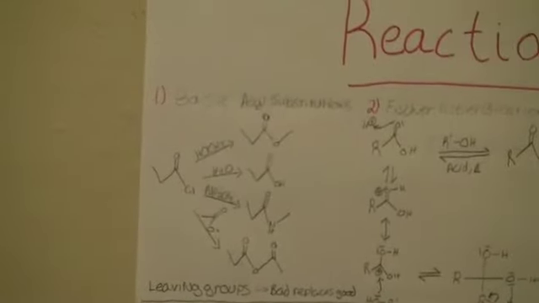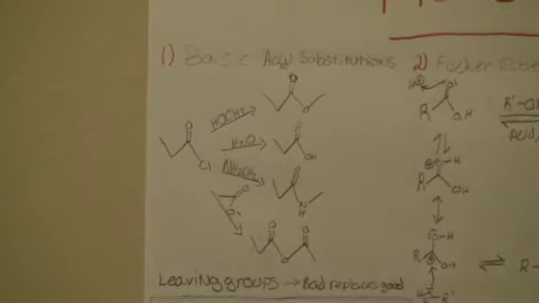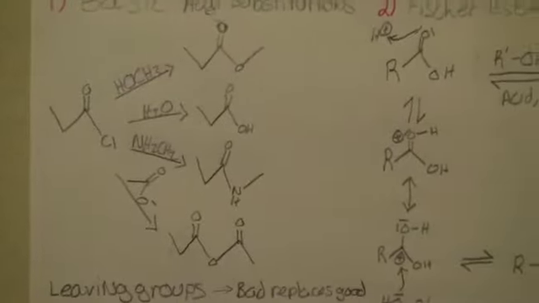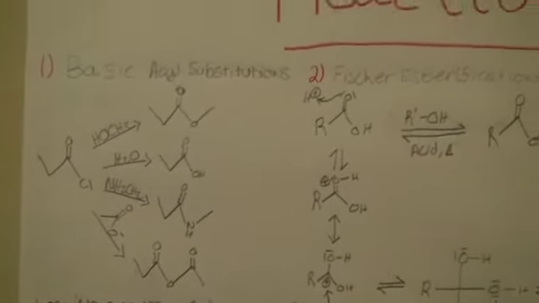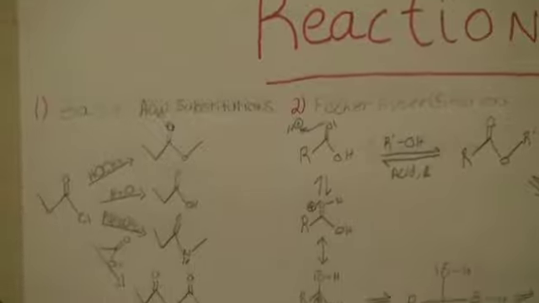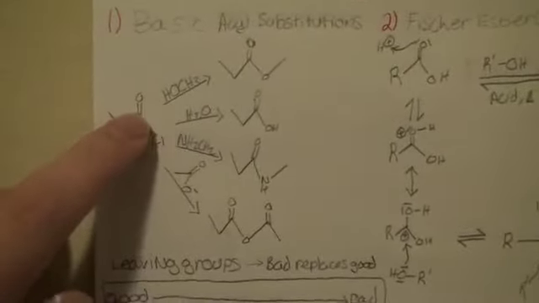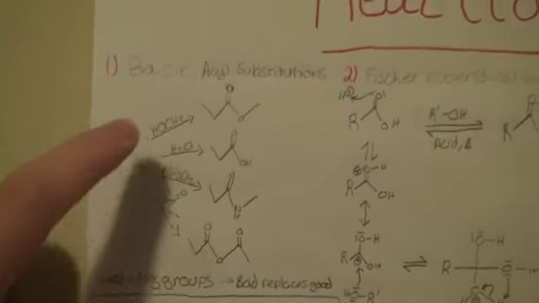The basic ones are acyl substitutions, in which you have a carbonyl carbon with a leaving group on it, and something that is a less good leaving group, or equal to a less good leaving group, depending on how you Le Chatelier it or swamp it out, attacks the carbonyl carbon and kicks off the leaving group that's already there.